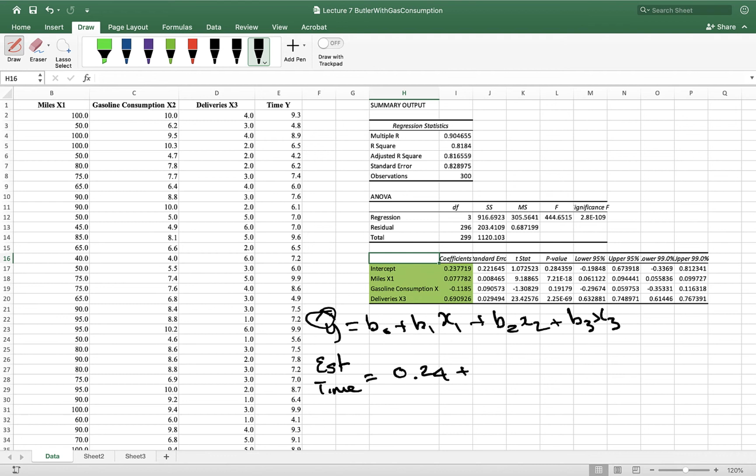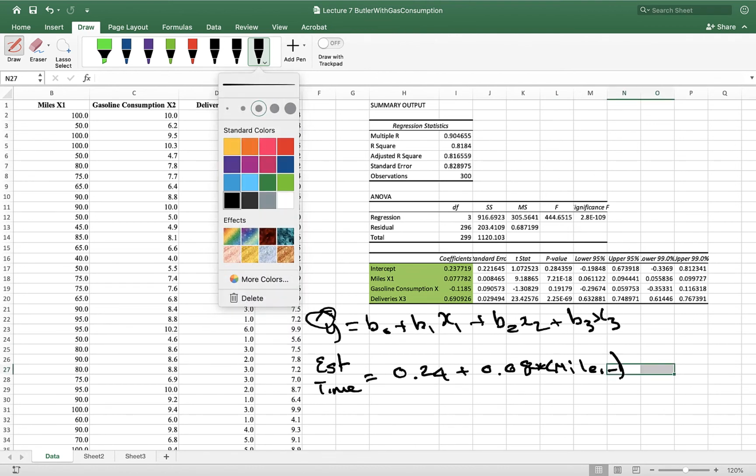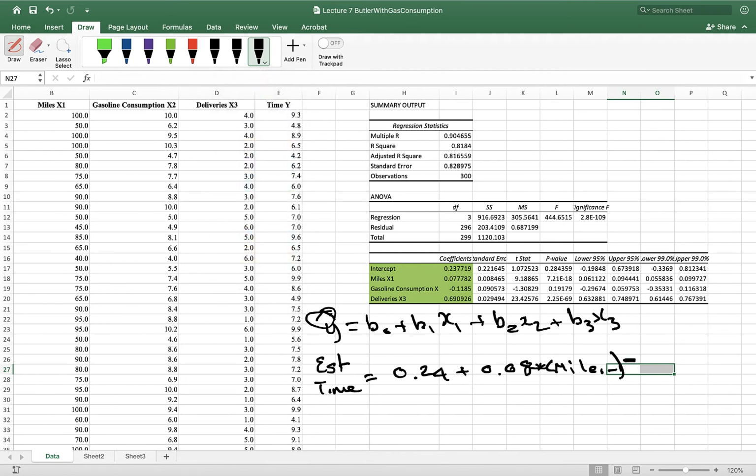And then b1, I'm reading these from the green area, is going to be 0.08 times x1. Now x1, if you look at the top left of the sheet, is the miles traveled. And then in fact, we're going to subtract here, we're subtracting 0.12.